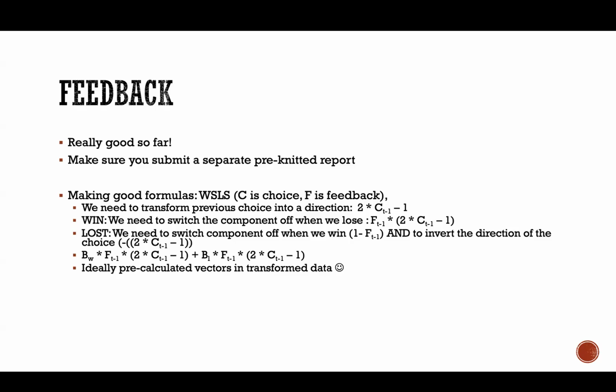So we can use a variable we already have, a very convenient variable called feedback, which the way we coded it so far is 1 if we win and 0 if we lose. So if we say feedback times 2 times c minus 1, this variable is completely switched off every time that we lose. Does that make sense?